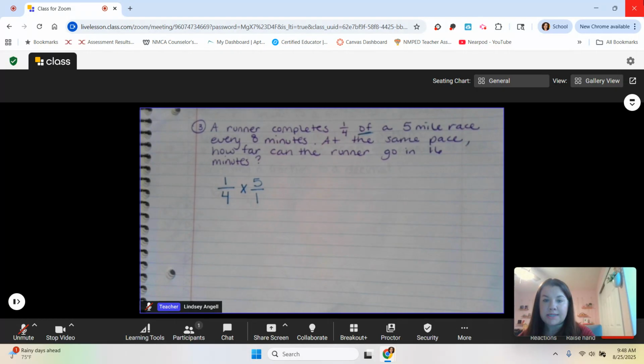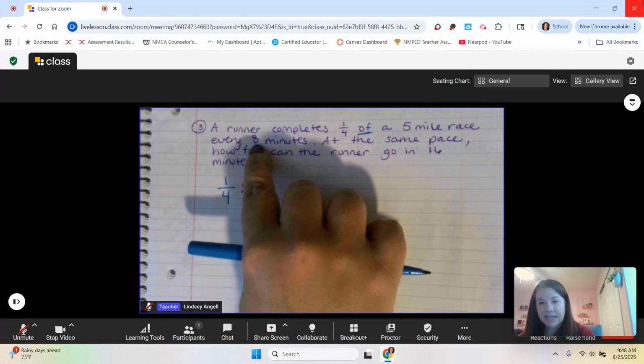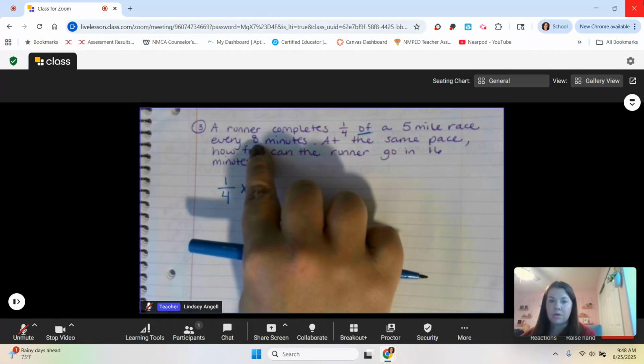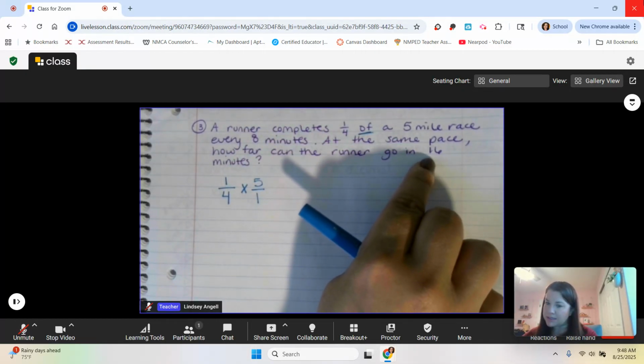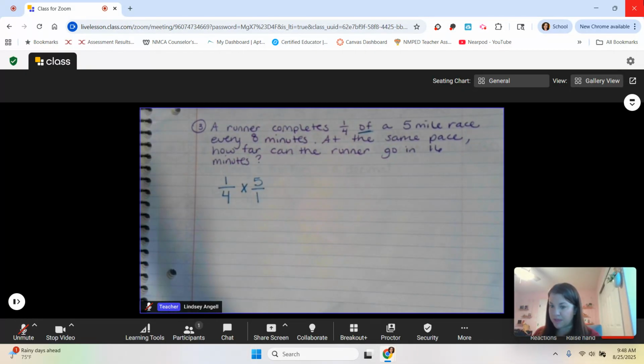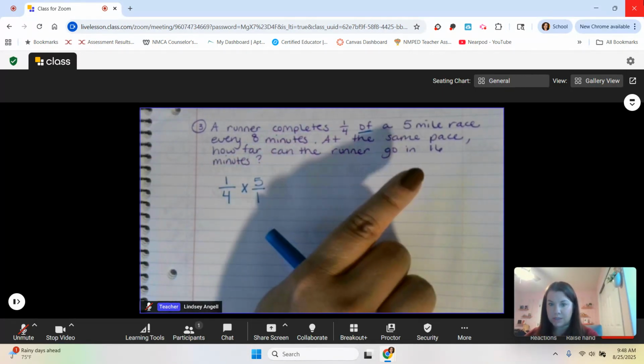So I need to see how many miles that is, and he goes that distance in 8 minutes. Well, the key here is, if he goes that in 8 minutes, but we want to know the amount in 16 minutes, couldn't that just be doubled? Whatever this amount, we could just double it, because the minutes were doubled.